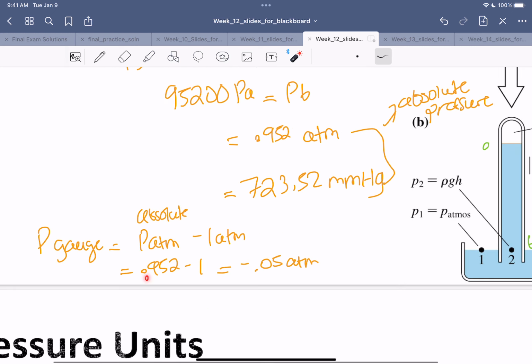The absolute pressure is 0.952, so we subtract 1 atmosphere to get the gauge pressure. We can see here that it's negative 0.05 atmospheres. That's not telling you there's negative pressure. It's just telling you that it's 0.05 atmospheres below the atmospheric pressure. So gauge pressure, think about if you're reading a gauge, right? It's just telling you how much you're above or below the atmospheric pressure.